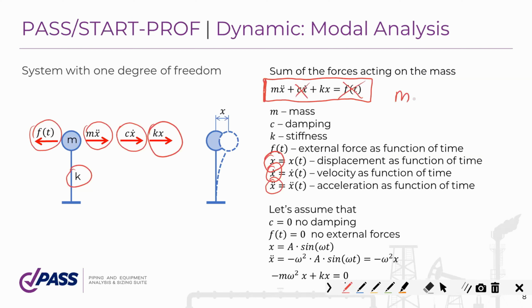It will be m x-double-dot equal to minus k x. After that, we assume that x is A sine of omega t, where omega is the frequency, t is time, and A is the amplitude of vibration. We substitute this function into our equation and get an equation like this.